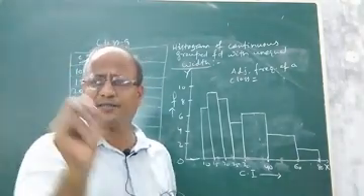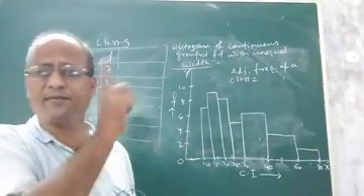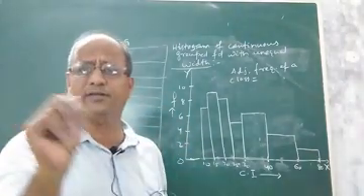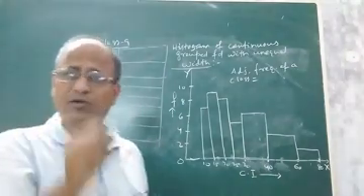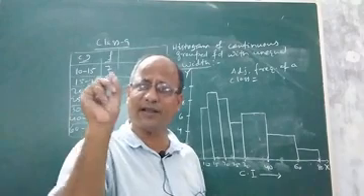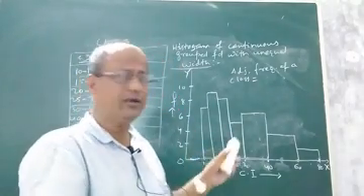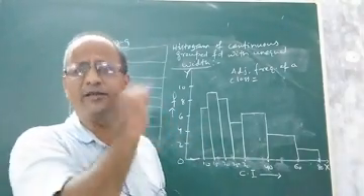So if the width or size of classes is not the same, then you have to adjust the frequency of each class or class interval present in the continuous group frequency distribution, because those adjusted frequencies will be proportional to the heights of the bars or rectangles in the histogram.